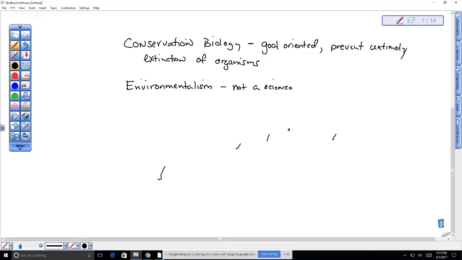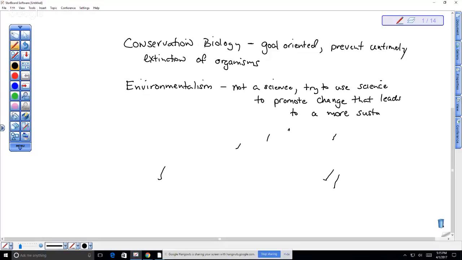And so they hopefully try to use science to promote change that leads to a more sustainable, and we'll talk about sustainability in a little bit, more sustainable society. So we're talking about humans, society. Okay, so that's environmentalism.